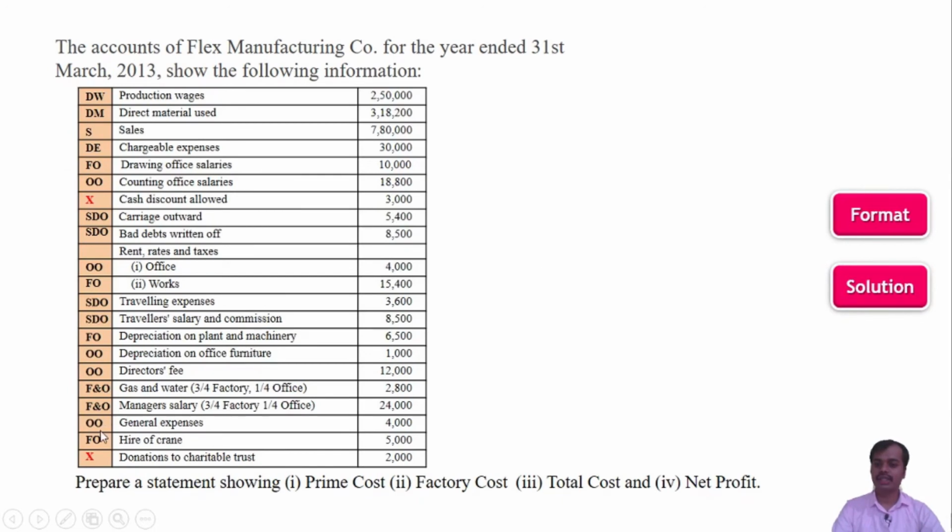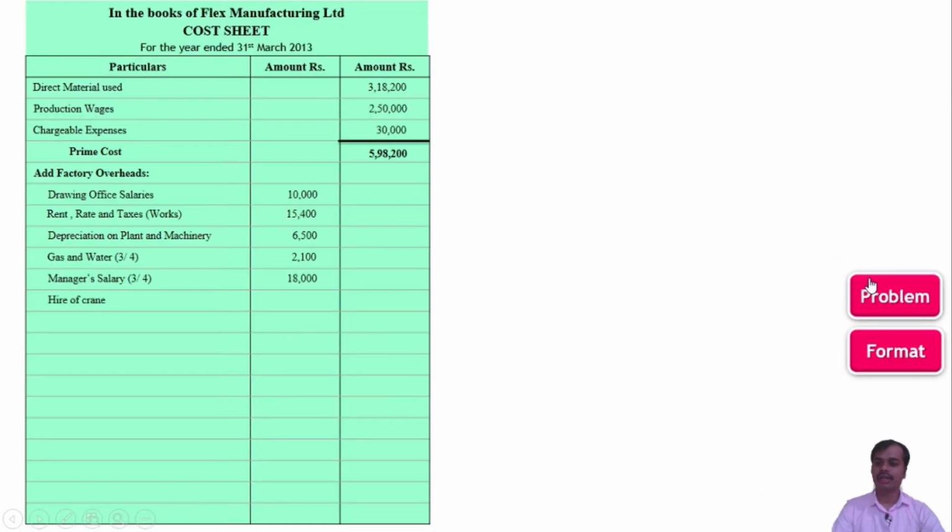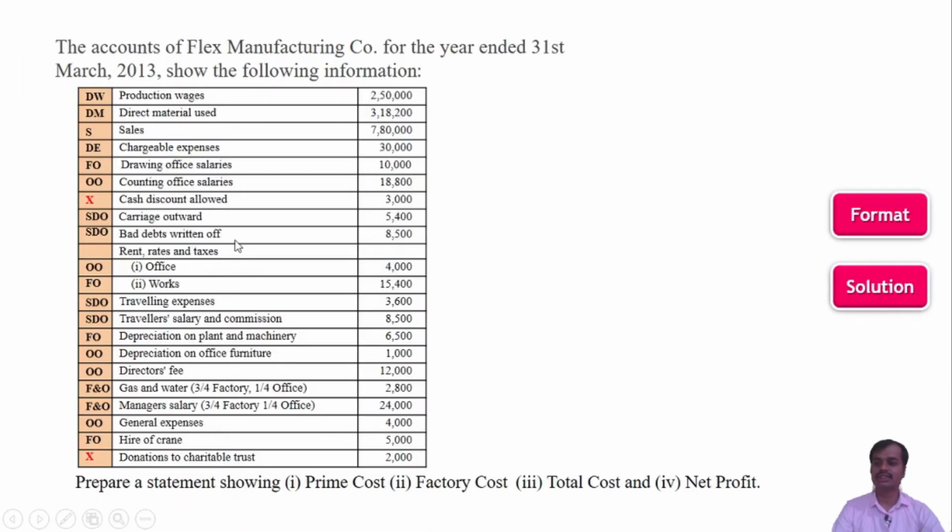Next factory overhead is hire of crane, which is 5,000. So next, hire of crane rupees 5,000. I think here all the items of factory overheads are finished.